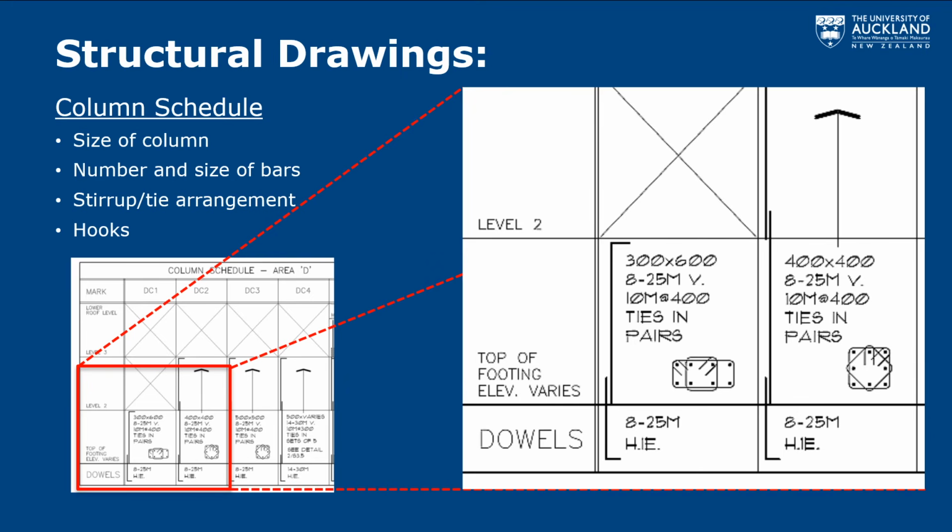So this has 8 25 millimeter bars vertically, so you can see the V, and then it has 10 millimeter hoops, stirrups, or ties, so you can see the little sketch of the tie arrangement, which are going to be going parallel to the ground, so they're orthogonal to the bars which run along the length. So this is our transverse reinforcement, and it will say we have those every 400 millimeters. And then it also provides some details around the hooks and where lap splices are going to occur along the height of the building.